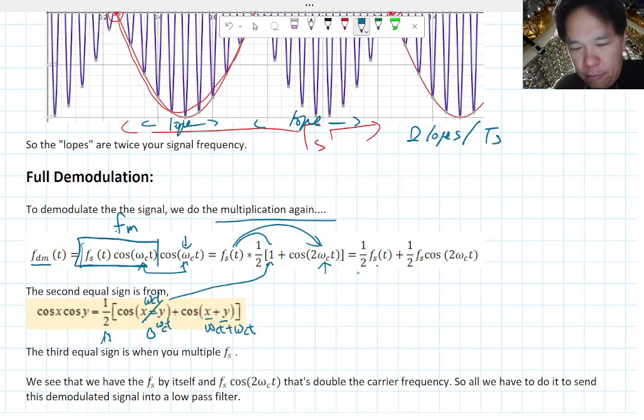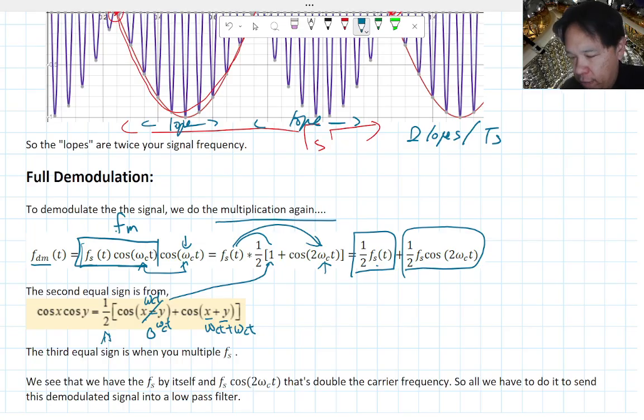So the output that you demodulate by multiplying by another factor of cosine of omega_c t once again, you basically have your original signal with half the amplitude, plus your signal function times cosine of twice omega_c, which is a high frequency.